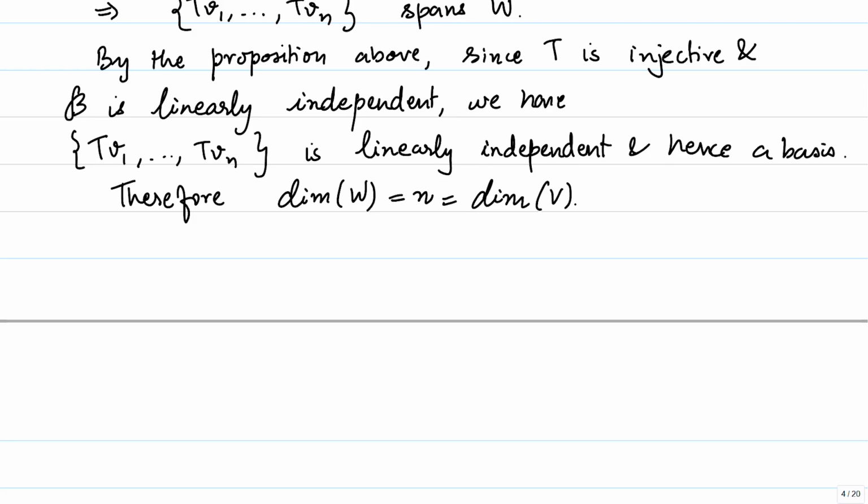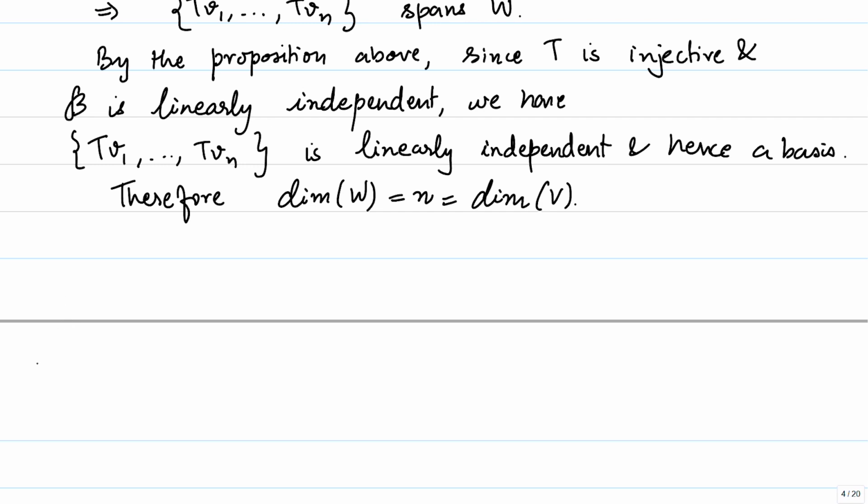So, what is the potential converse? The converse says that if we start off with a linearly independent set TV1, TV2 up to Tvn, which spans R of T, which spans W, then V1, V2 up to Vn should necessarily be a basis. So, I'll just note that as a converse.